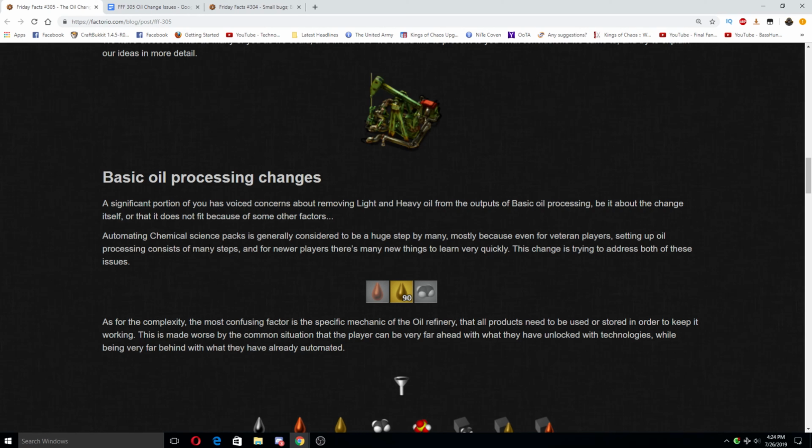Right. And on top of this, something that I think, and I know you agree, is almost more severe than any of this, in my personal opinion, is that for a new player, I would just plan ahead, knowing these changes and having played the game before. But as a new player, not knowing this stuff, I feel like they're making a possible point of frustration even more frustrating than it currently is with how oil works right now.